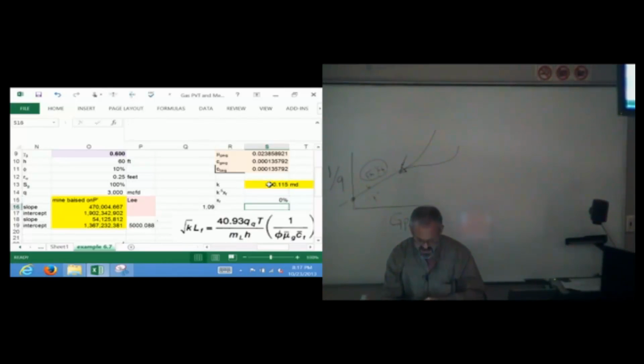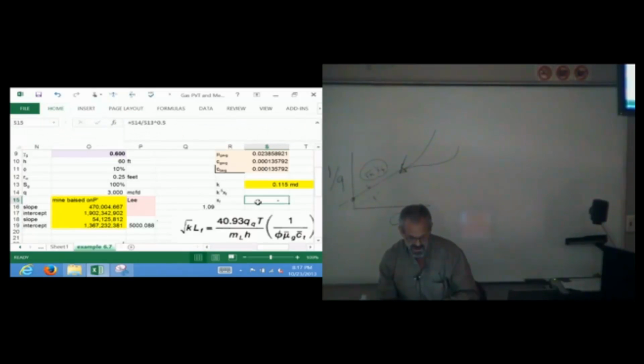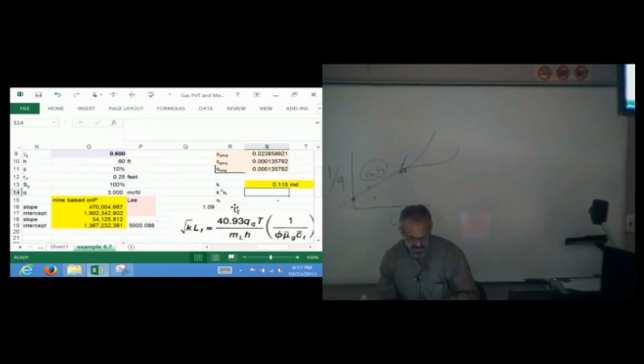This is going to give me 0 right now. But hopefully after I calculate this square root of KXF, I'll get a number of about 107 feet. So let's see if this equation works.